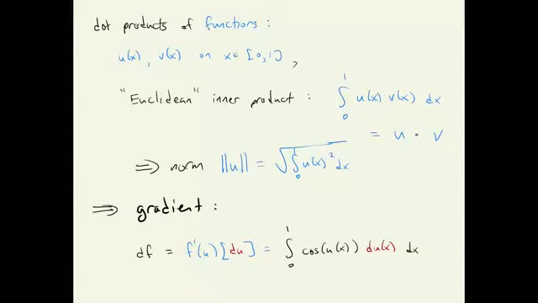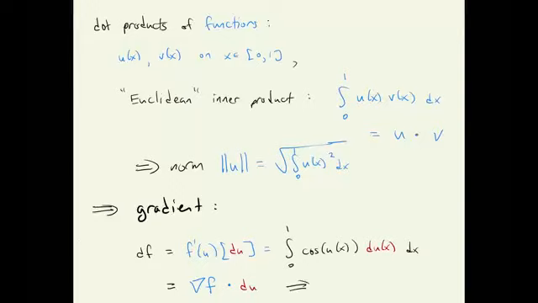Our generic definition of the gradient is when you have something that takes a vector in and a scalar out, the first derivative had better be the dot product of the gradient with du.